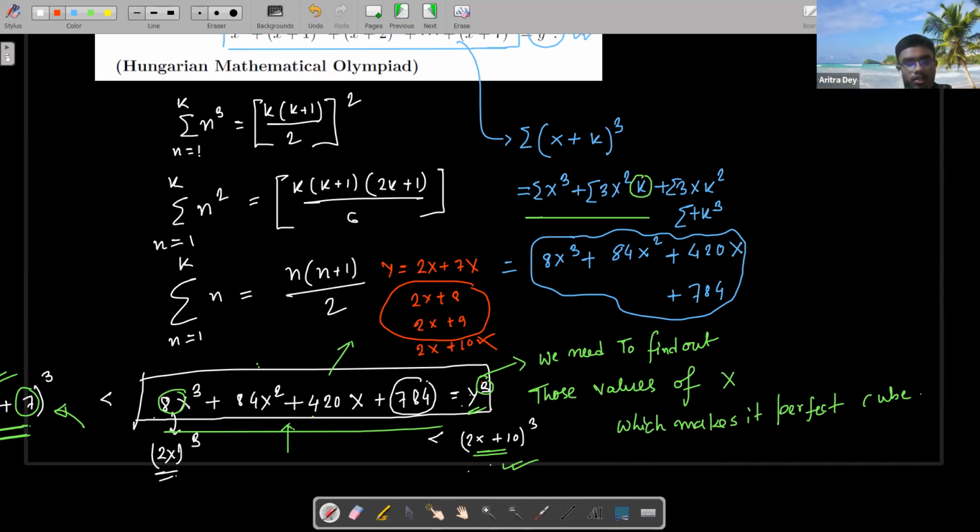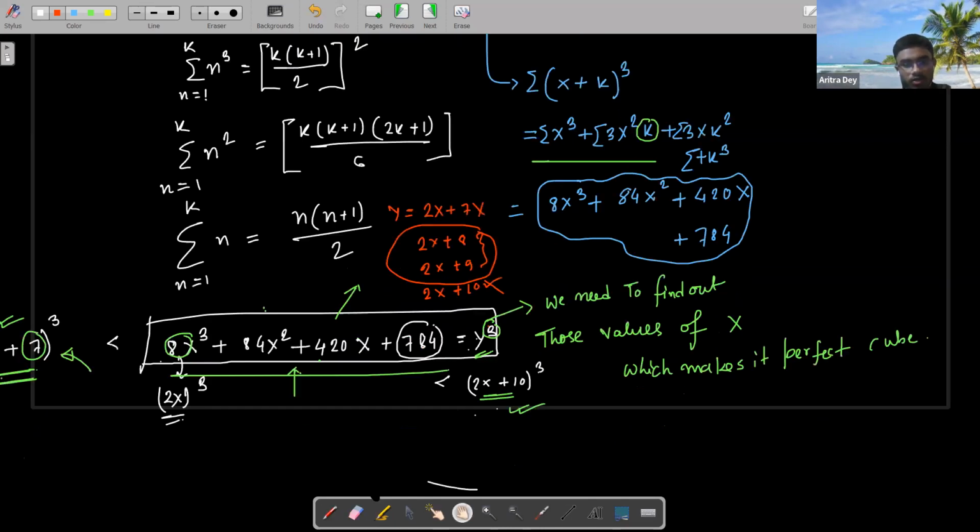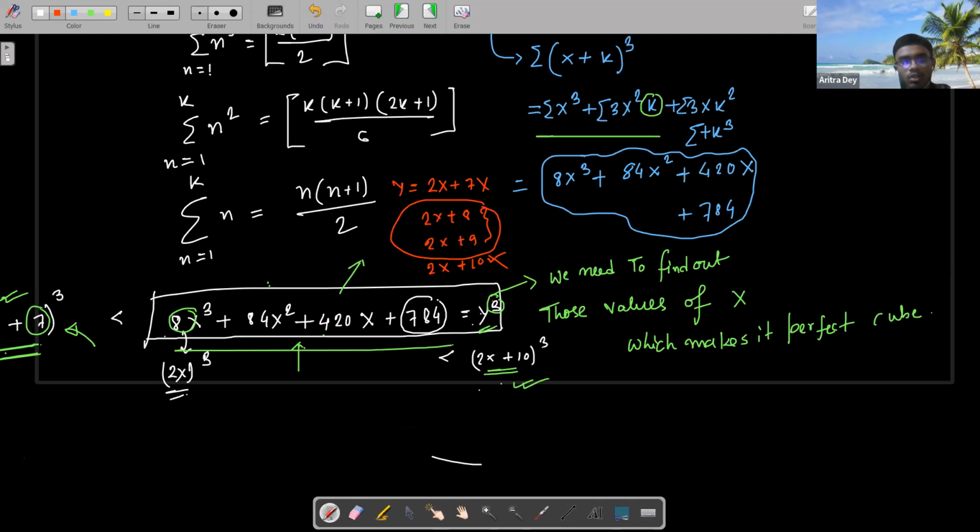Last step is that you just need to check which one of these works. For example, I choose y equal to 2x plus 8. So I can expand 2x plus 8 cubed, this will be some 8x cube plus some terms, and you know that y cube equals this, so you can plug this in.